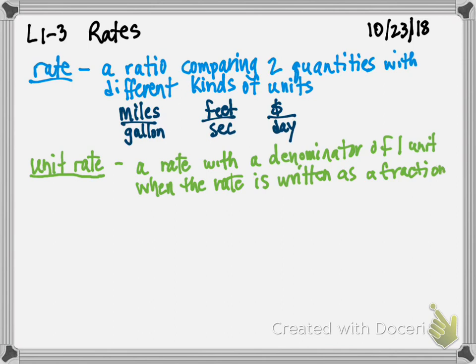Okay, so let's compare what we talked about yesterday to what we're talking about now, the unit rate. First off, what is a ratio? A ratio deals with numbers only, so there's no labels.